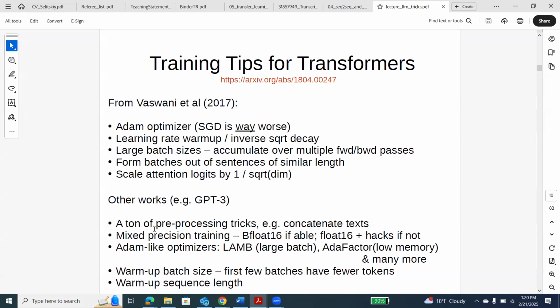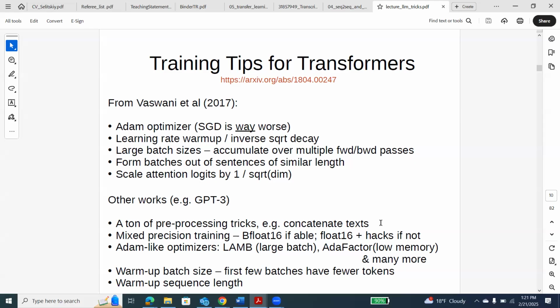There are also many tricks to pre-process the texts, like cleaning them, and it also helps the convergence. The other trick is to use so-called mixed precision, and in your homework on BERT, there's also a suggestion to use mixed precision.